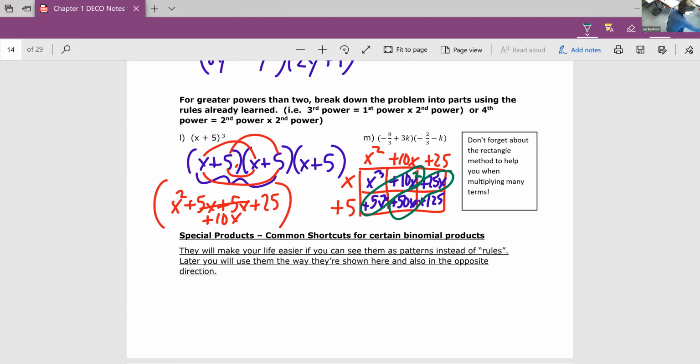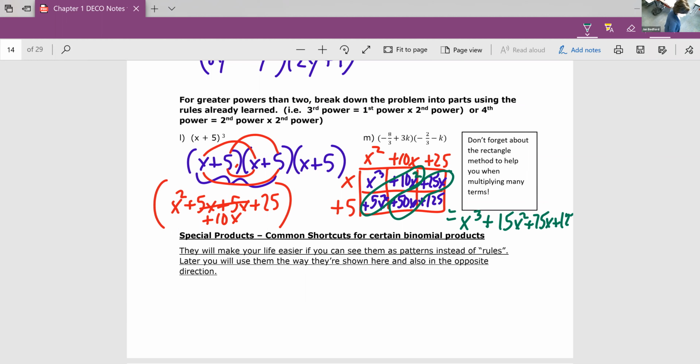So when this gets multiplied, it equals what? X to the third. Plus, when I add these two, I get, go ahead, Patrick, 15x squared. Plus 50 plus 25 is 75x. And then my last term is plus 125.